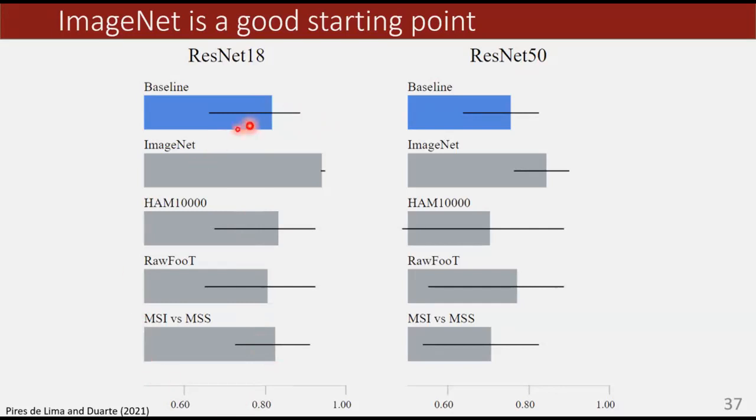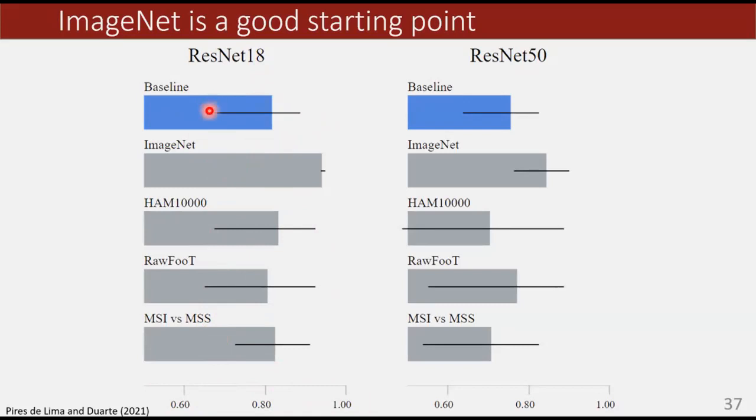The way this image is set up is that we're going to see the accuracy for the test set, and we have different tests here. The size of the bar shows the mean average of the accuracy across multiple experiments, varying the hyperparameters for training the model.